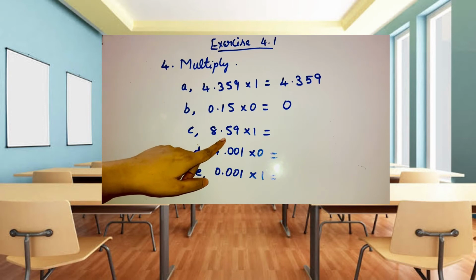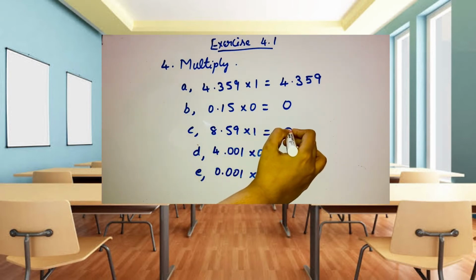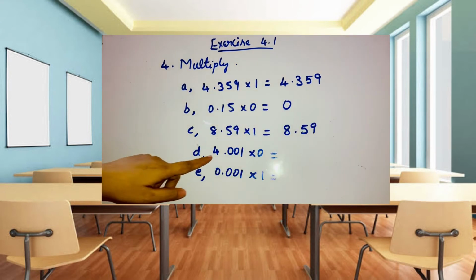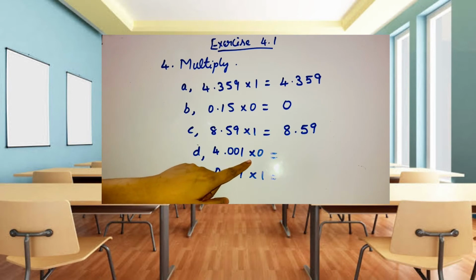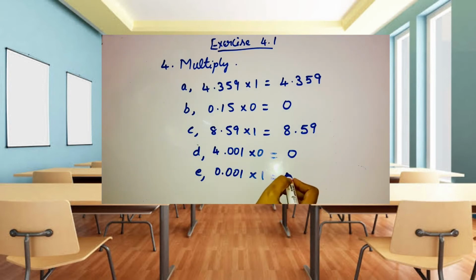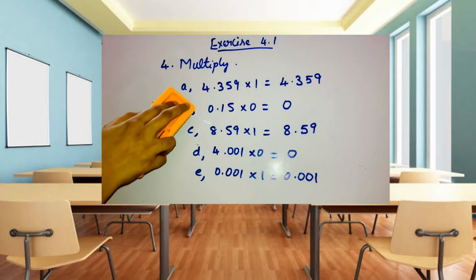Here 8.59 into 1 will be 8.59. 4.001 multiplied by 0 will be 0. 0.001 multiplied by 1 will give you 0.001. This is the fourth sum. Now we are going to see the last sum in exercise 4.1.